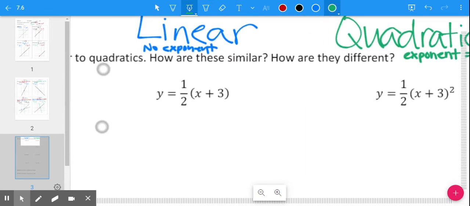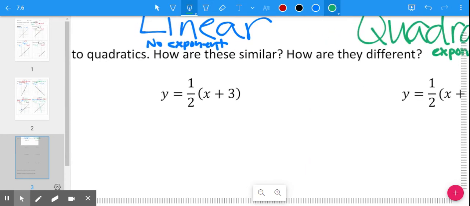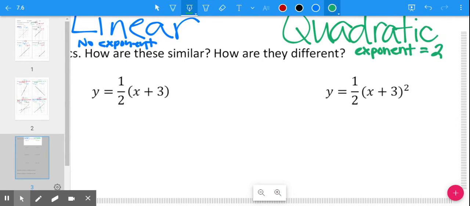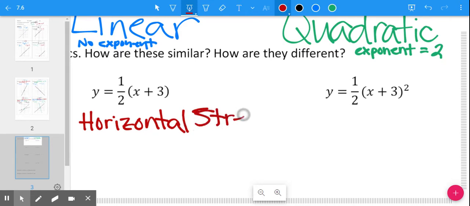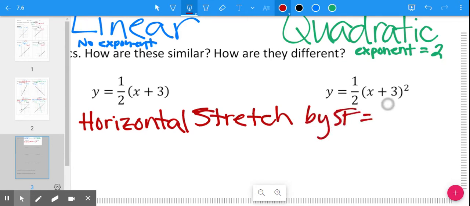So the first one, how they're similar. They both have a leading factor of 1/2, which means that the a value is 1/2. That means they have a horizontal stretch by a scale factor 1/2.